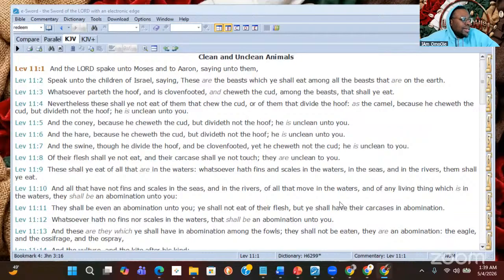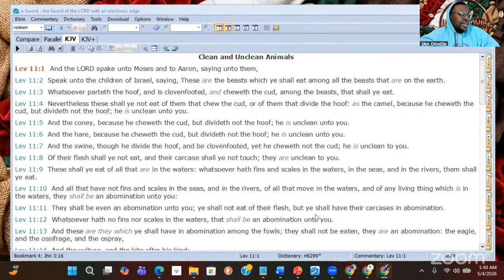Nevertheless, these shall ye not eat of them that chew the cud, or of them that divide the hoof, as the camel, because he cheweth the cud, but divideth not the hoof. He is unclean to you.